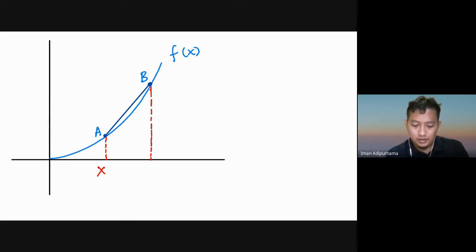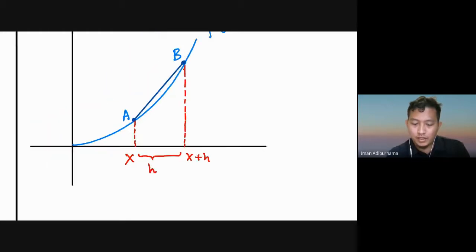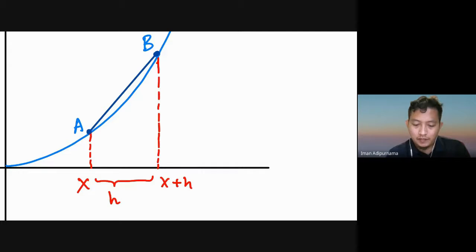Okay, and let me make this h, the distance between x and, let's just say, x plus h. Okay, now just by looking at this AB, we can make a triangle.